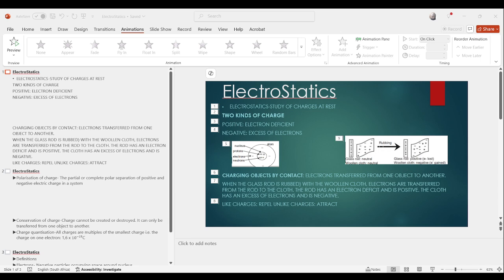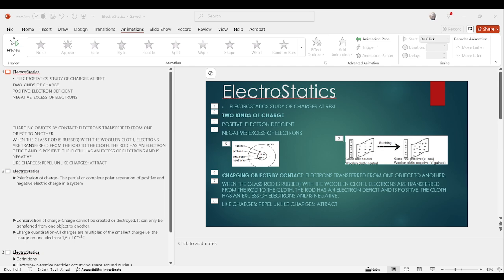Another term, charge quantization. Each and every charge, the smallest charge that you have, has a specific quantity. The smallest charge is quantized. So all charges are multiples of the smallest charge, and the charge on one electron is 1.6 times 10 to the power of minus 19.